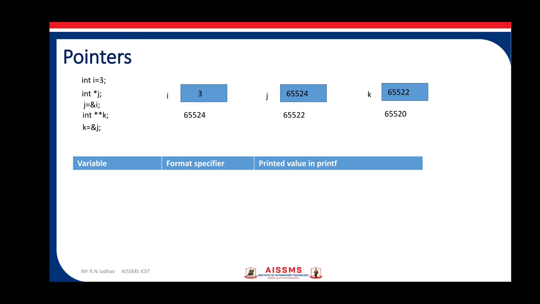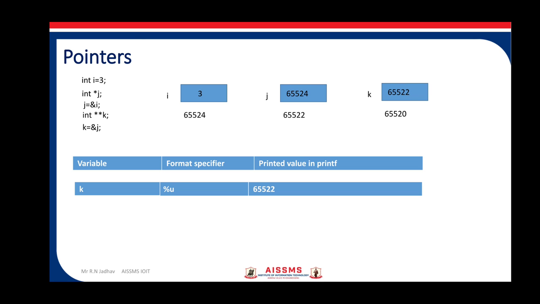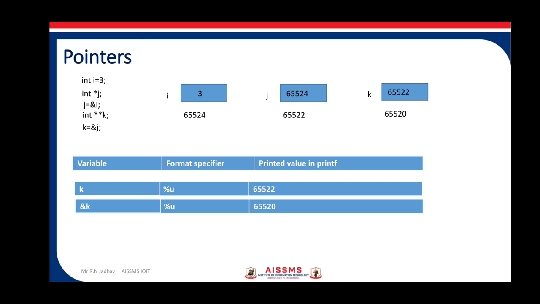Now let us see what values will be printed. If I print the value of k, the format specifier will be %u as it is an address, and it will print 65522. &k, again it is an address, so it will print 65520, and the format specifier required will be %u. *k indicates value at the address.